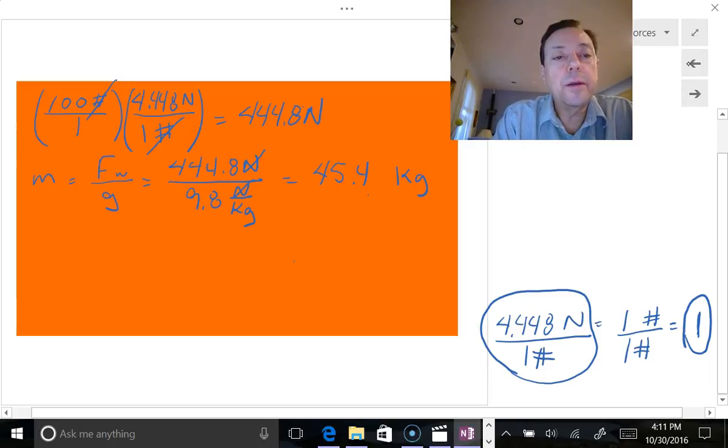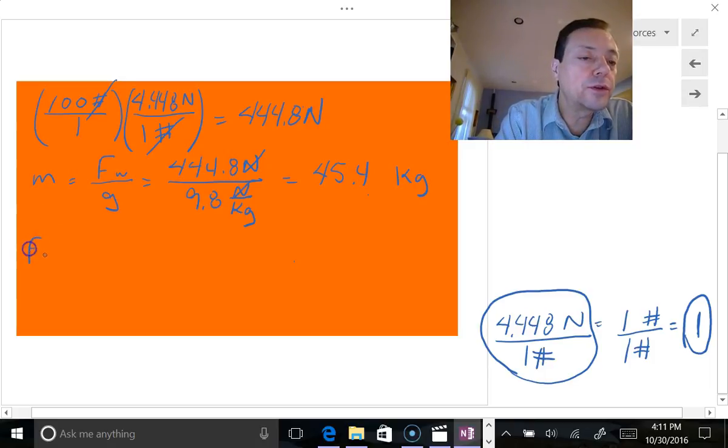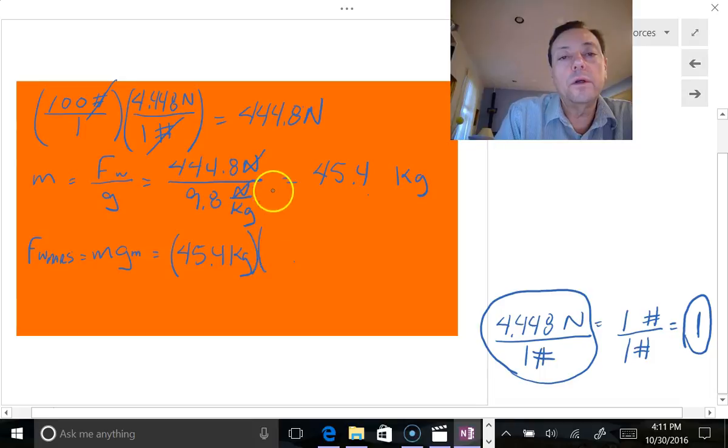So I'm going to say that the force of my weight on Mars is equal to my mass times the gravity on Mars. So my mass is 45.4 kilograms times 3.77 newtons per kilogram.